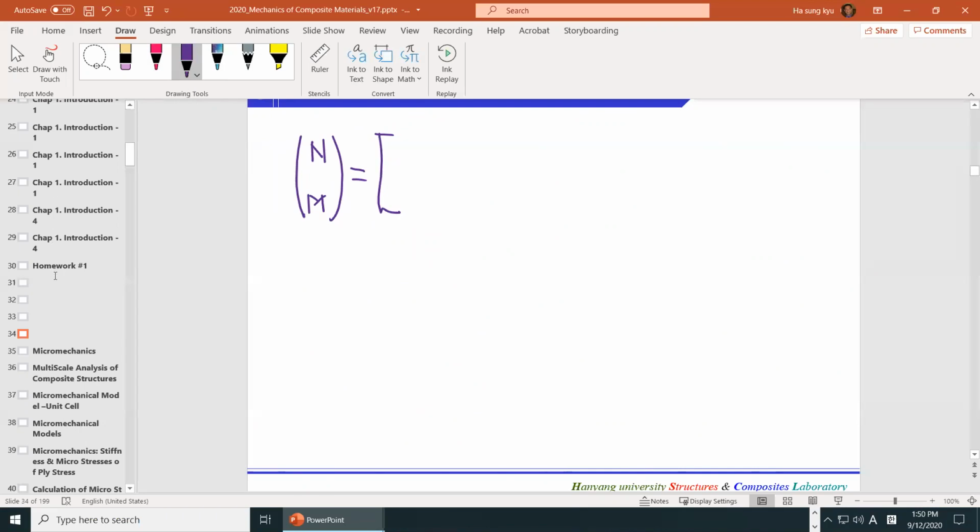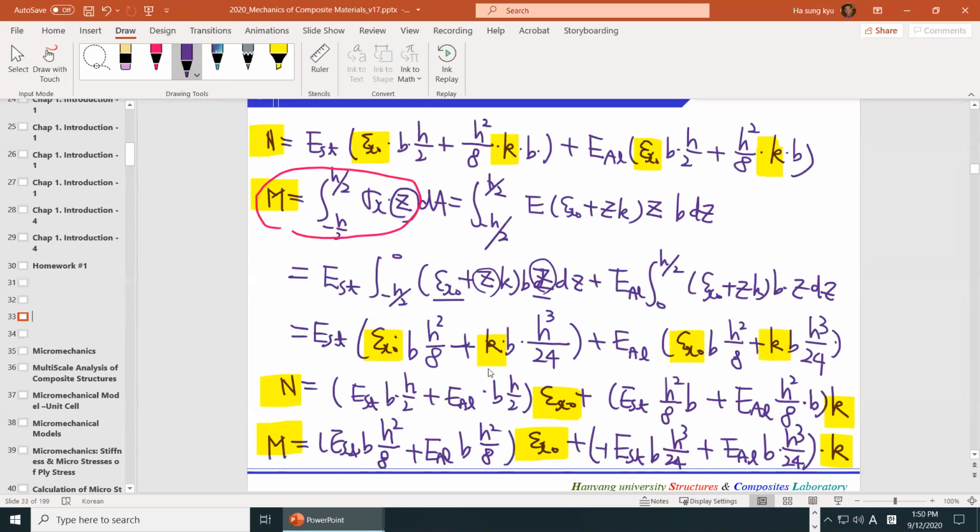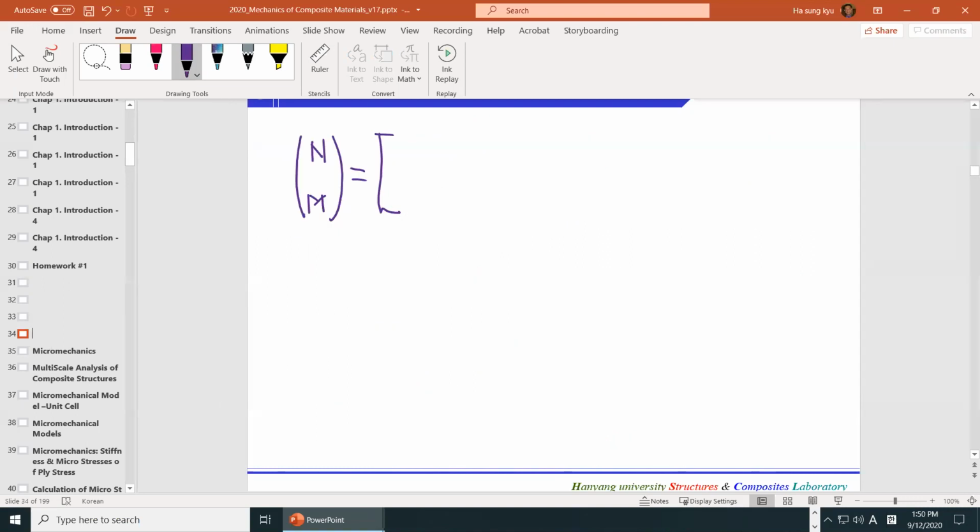Because as you can see here, we have the same terms, epsilon 0 and K. So it is a 2x2 equation, right? We want to solve this epsilon 0 and K. And so these are the 2x2 equations.